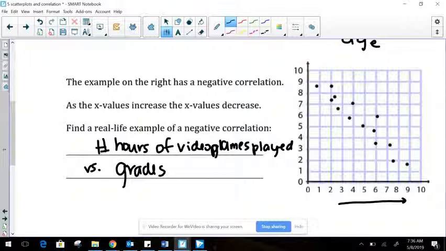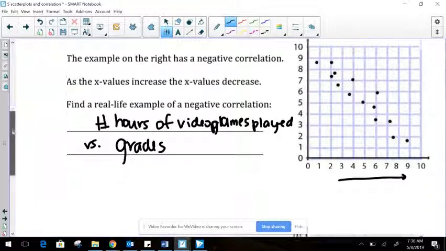Or maybe, the amount of screen time you use versus the amount of sleep you get. That'd be another probably negative correlation.